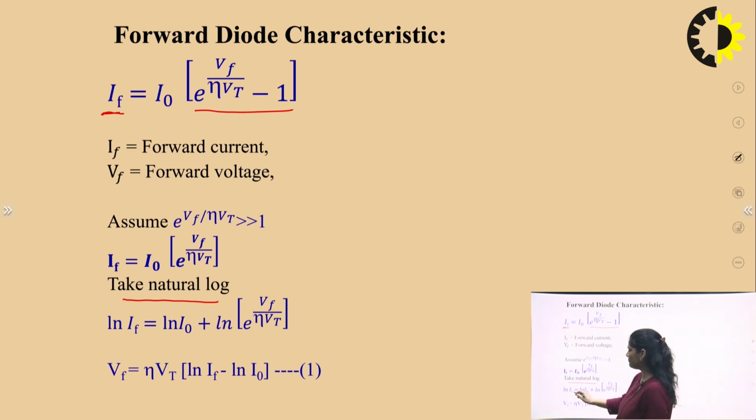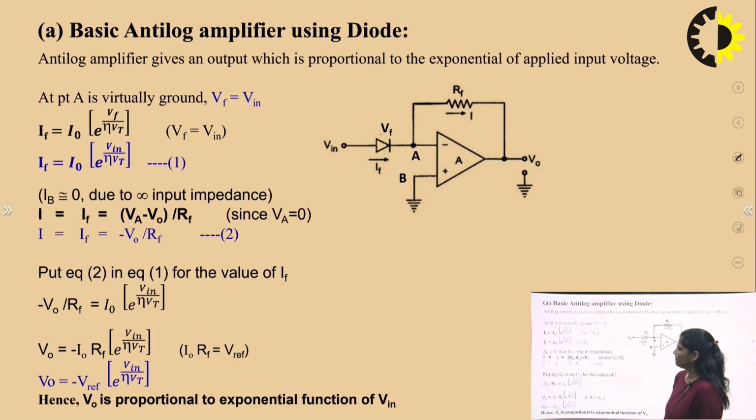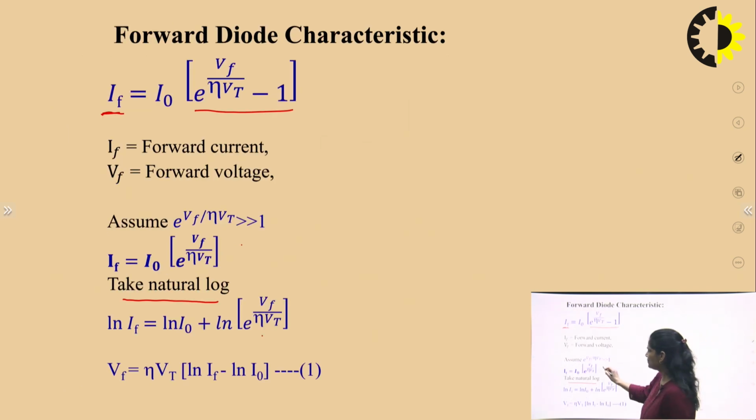So, ln If is equal to ln I naught plus ln e raised to the power Vf upon eta Vt. The ln and exponential cancel each other. We can solve this equation and find Vf. So, Vf is equal to eta Vt times ln If minus ln I naught. You should remember this equation, because we have to use it when solving for the logarithmic amplifier using diode and BJT.